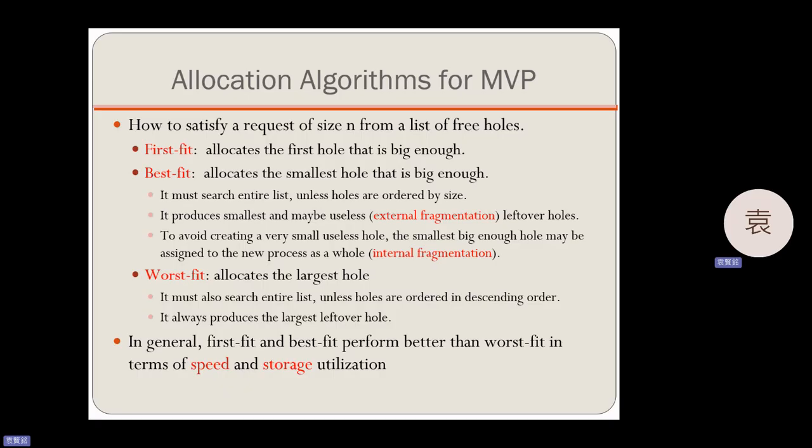But this useless part does not need to be tracked, so the semantics are different. With external fragmentation, the operating system needs to keep track of the small portion of memory. Internal fragmentation is already assigned to a process, so we do not keep track of it.